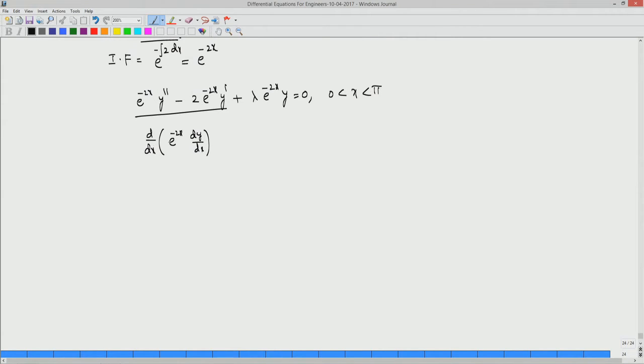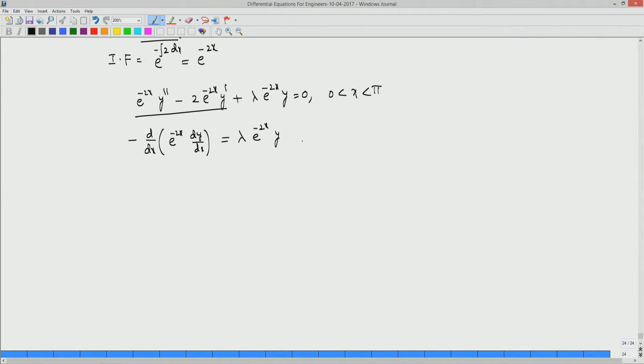If you differentiate this you get e power minus 2x y double dash plus minus 2 into e power minus 2x y dash. Plus q is 0, and you can put a minus outside, and this will be lambda into e power minus 2x y.